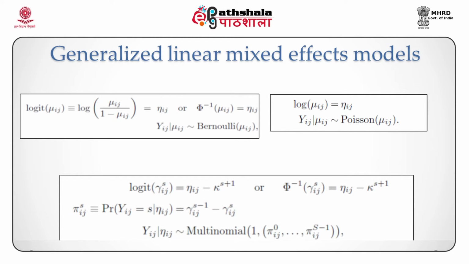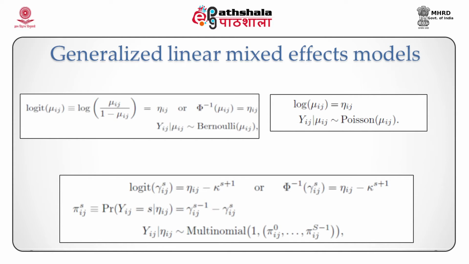So logit of gamma ij s is equal to eta ij minus kappa s plus 1, or the corresponding probit model, phi inverse gamma ij s equal to eta ij minus kappa s plus 1, where pi ij s is the probability of yij being in the sth category given eta ij, equal to gamma ij s minus gamma ij s minus 1. We assume here that yij given eta ij follows a multinomial distribution with parameter 1, pi ij 0 to pi ij s minus 1.